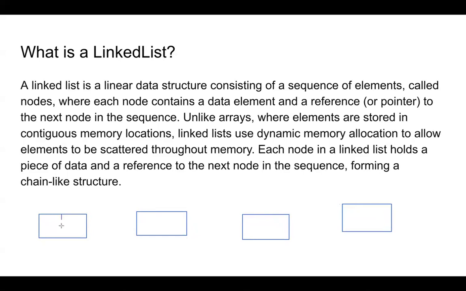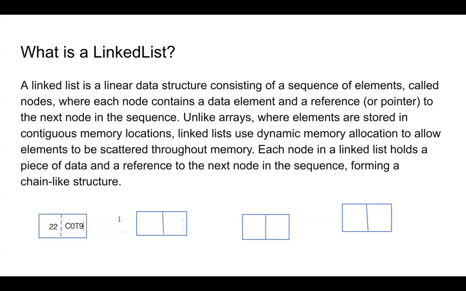So say each of these blocks are nodes, right? One of the blocks in each node would contain the data. So for example, this right here would be the data, and this right here on the right would be the address. Say C0T9 or something like that.